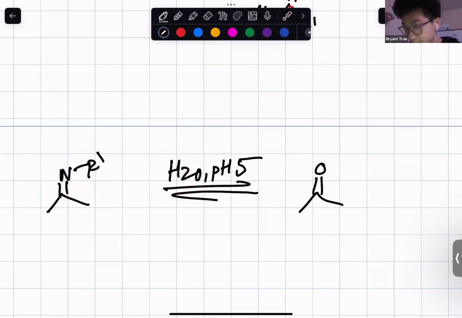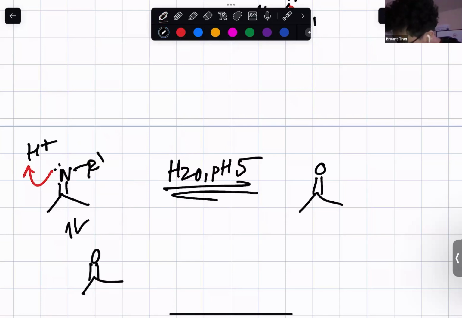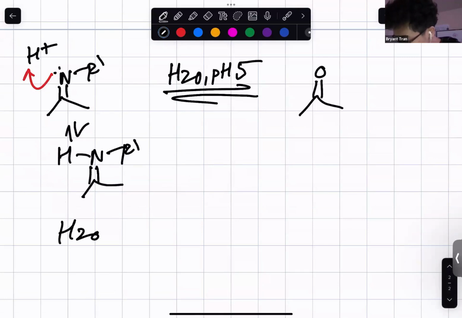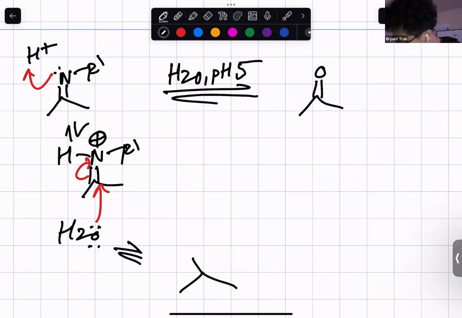We gotta activate the electrophile first by protonating it with the acid source to give us our stronger electrophile. Once we have this point here, the water is now attracted to this strong electrophile, pushes the iminium bond onto the nitrogen that's positively charged, and gives us this intermediate here.